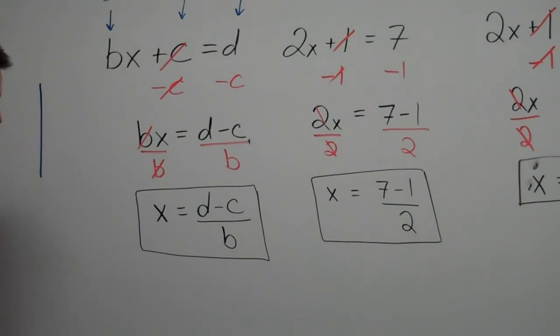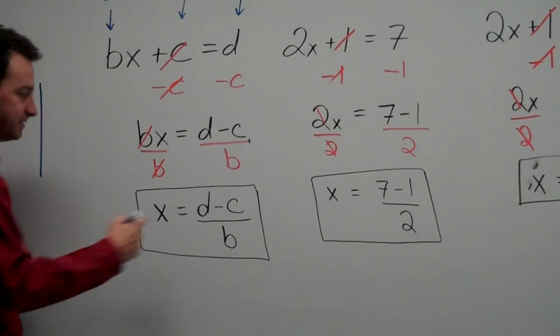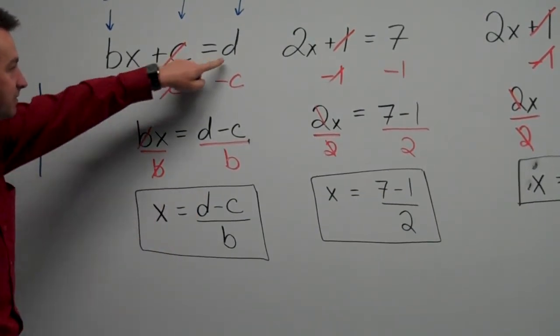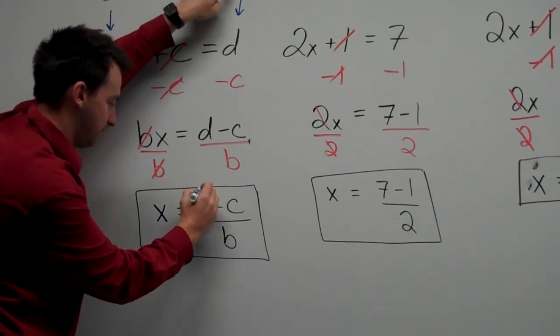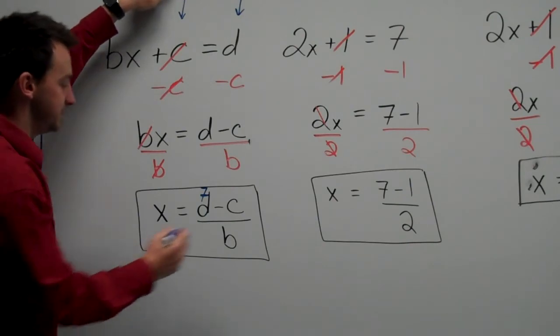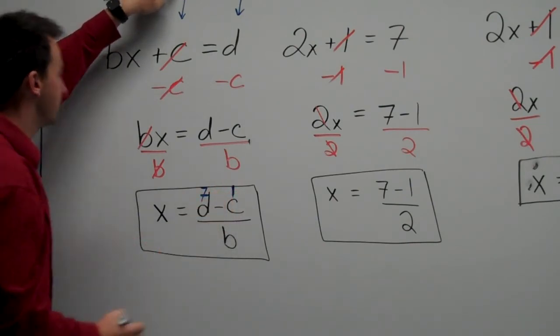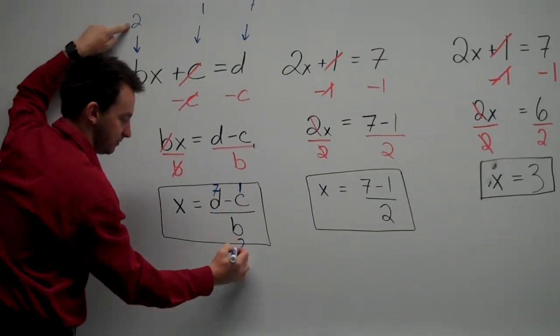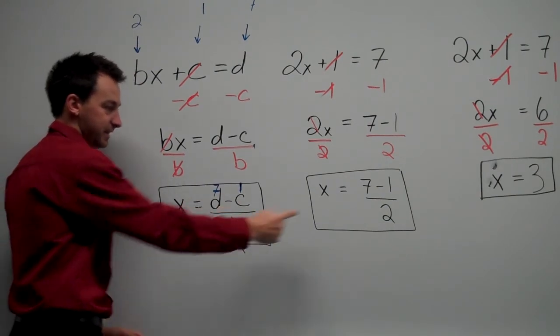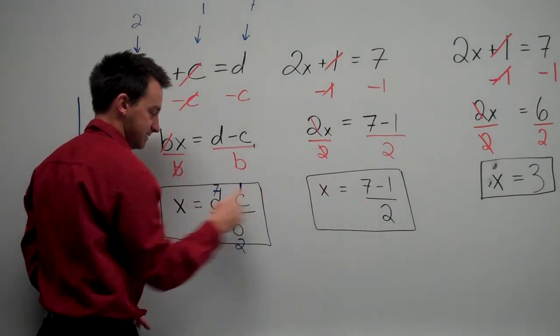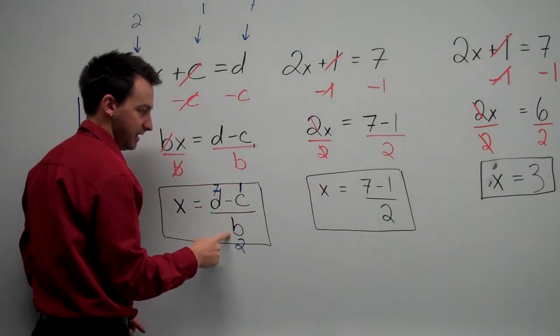Now, if we look at this answer, and we go back and say, look, the d we said was a 7, the c we said was a 1, and the b we said was a 2, although it's letters, we get exactly the same thing as this. 7 minus 1 divided by 2.